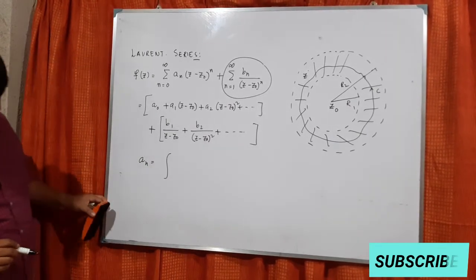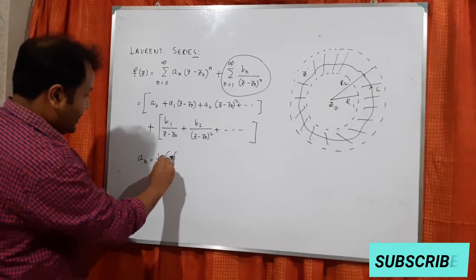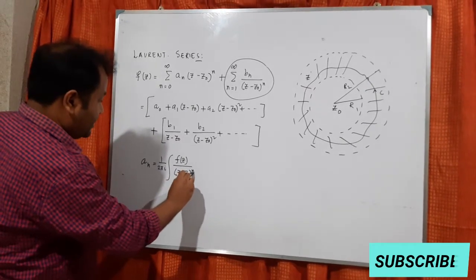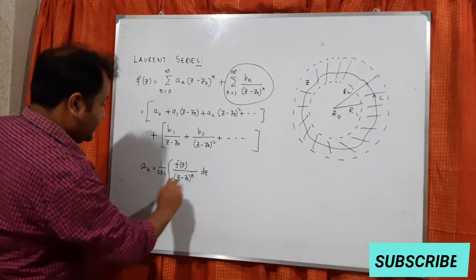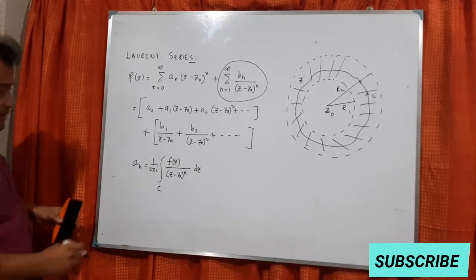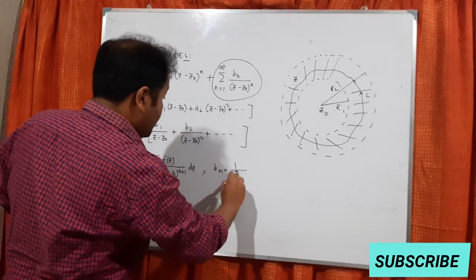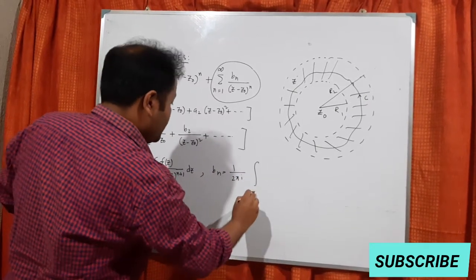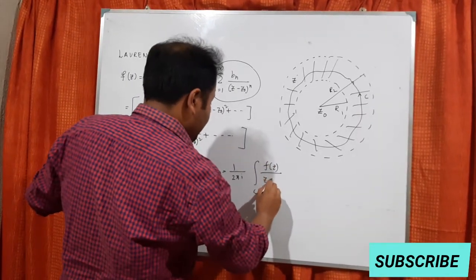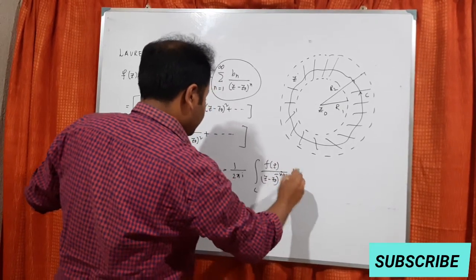Now here you can find a_n as per this formula: 1 by 2 pi i, integral over C of f(z) by (z minus z0) power n plus 1 dz, and b_n equals 1 by 2 pi i, integral over C of f(z) by (z minus z0) power minus n plus 1 dz.